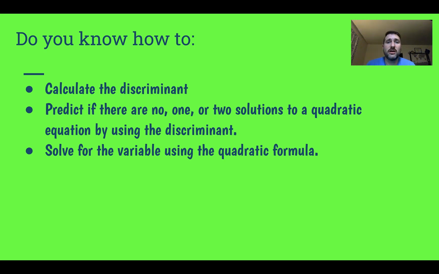And can you solve for the variable using the quadratic formula? If you're not sure about the first 2, look within some of the examples to see how that number under the square root can help you determine. If you're not sure about the last one with solving, then rewatch any of the examples to see where the numbers go and how simplifying can help.